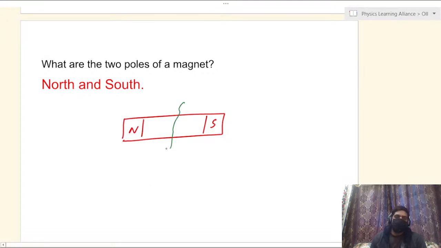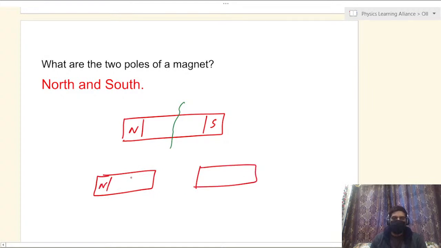Let's say you break it from here. Now the small sub-magnets would behave like independent magnets with a set of north pole and south pole. So a magnet would always have a north pole and a south pole.